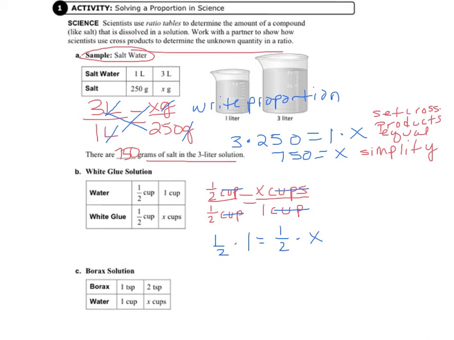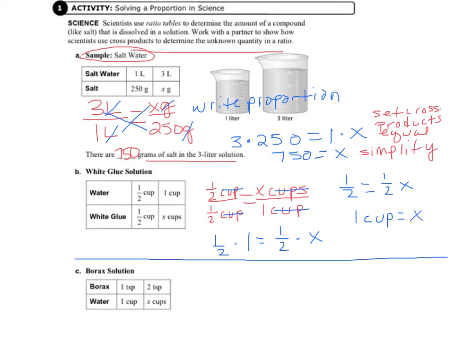So you have 1/2 times 1, which equals 1/2, equals 1/2 times x, which equals 1/2 x. So you need to divide both sides by 1/2, and when you do that, you get 1 cup is equal to x.